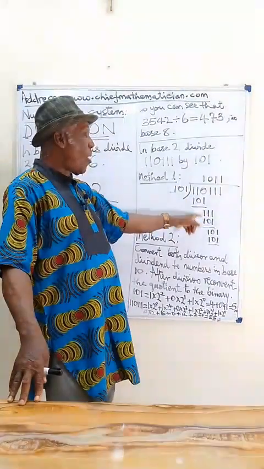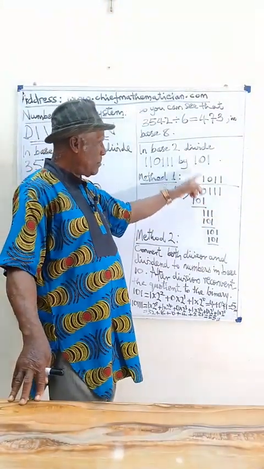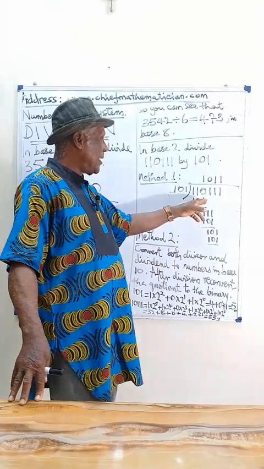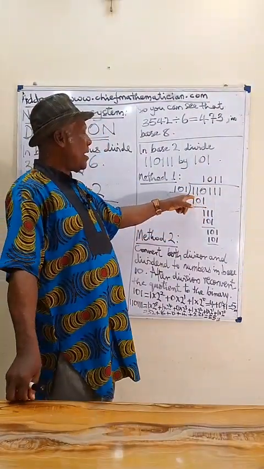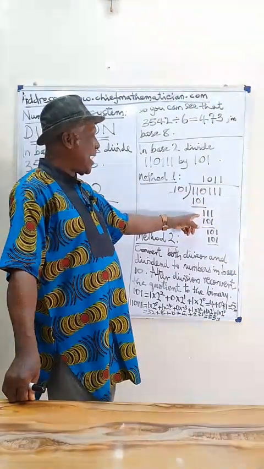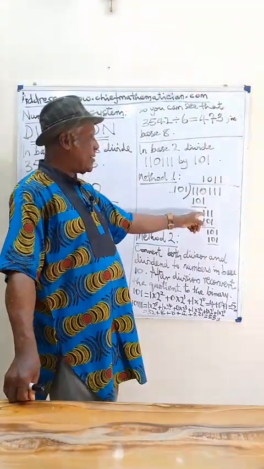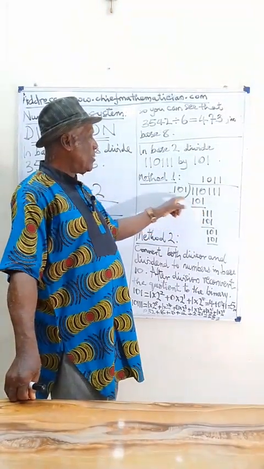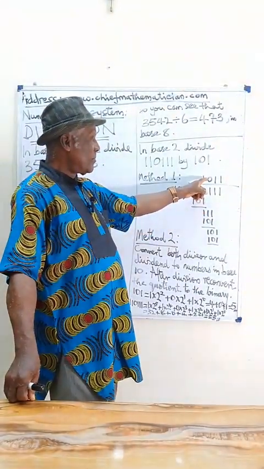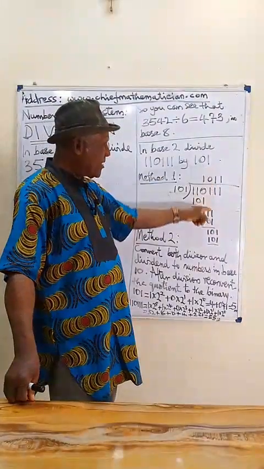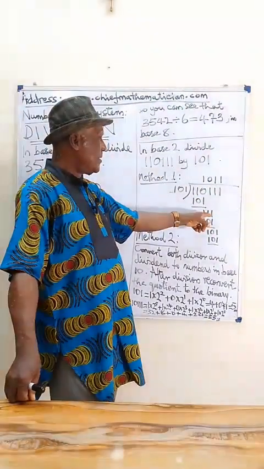101 again into 111. We had this 1 there, so we go up and bring down 1. That is 11. 101 divides 11 is 0. You go up and bring down 1 again.